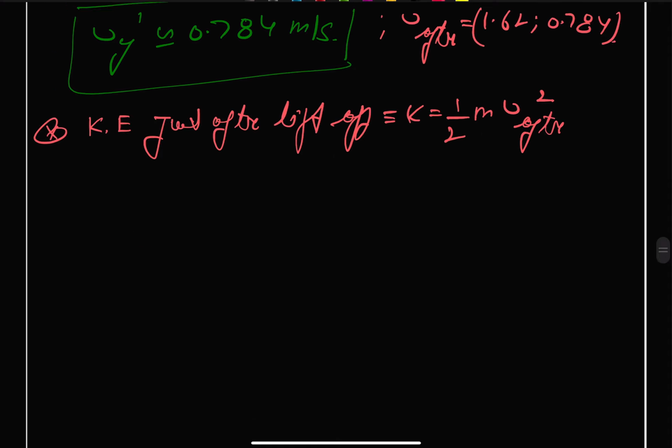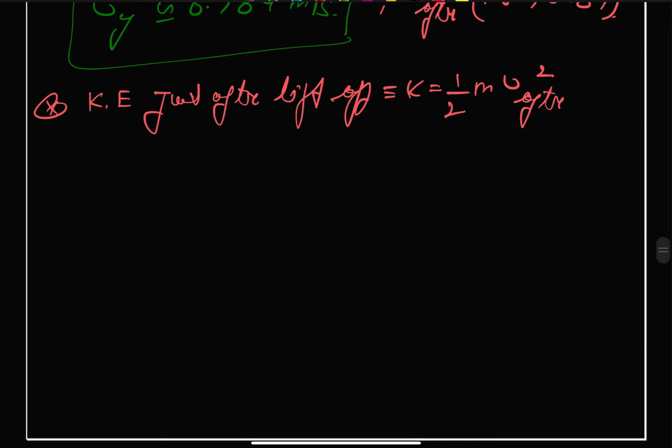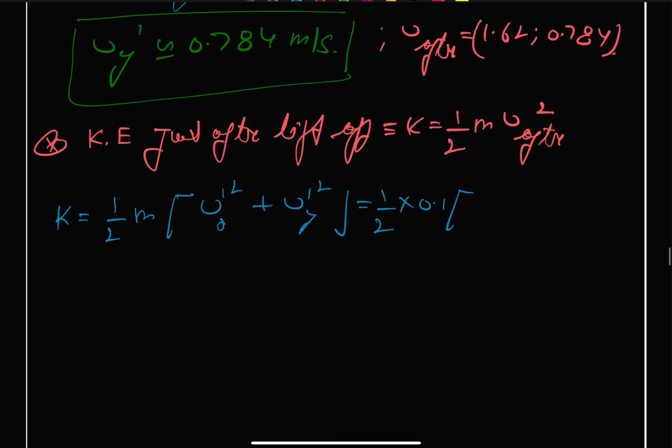So we get that our K is equal to half mass times vx prime squared plus vy prime squared.